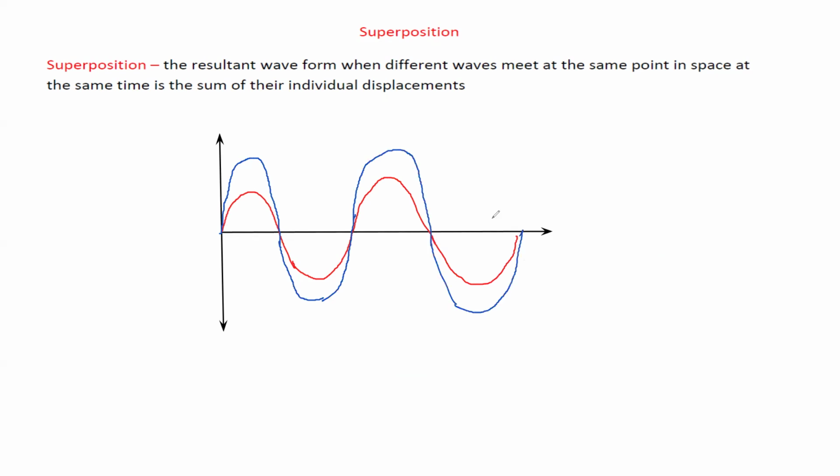And these two waves combine with each other. We want to find the resultant of these two waves. So how can we work out the resultant of the wave?